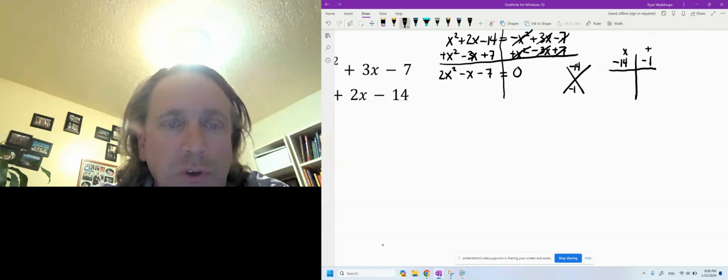So I can say 1 times 14. 1 times 14 is 14, but I want it to be negative 14, and I also want the b value to be negative, so I'm going to put the negative on the 14. Now 1 times -14 is -14, and 1 plus -14 is -13, which is not -1, but it is at least the right sign.